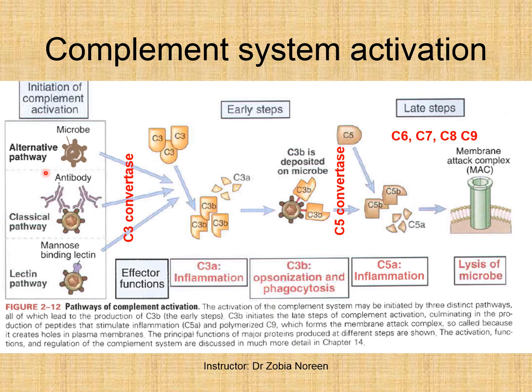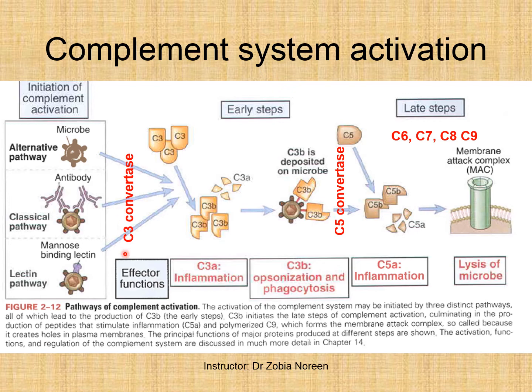The complement system can be activated by the alternative pathway, classical pathway, or lectin pathway. So recognition of microbes by any of these three complement pathways results in sequential recruitment and assembly of additional complement proteins into protease complexes.